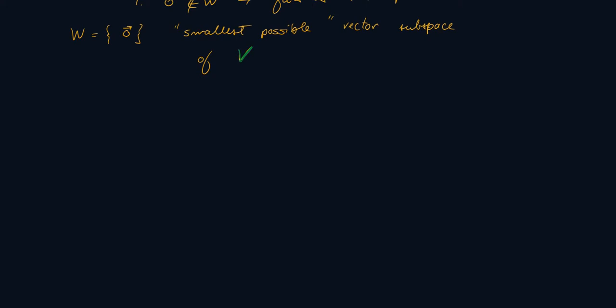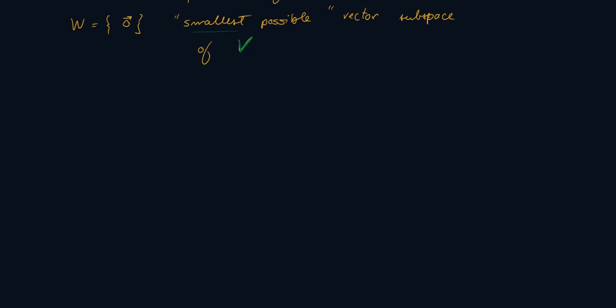And I say smallest possible in the loosest kind of way, because we really have to talk about cardinality and the size of the set and all that, and that's really beyond the scope of linear algebra typically. You usually see that in set theory classes, and that's not really the goal of this video.